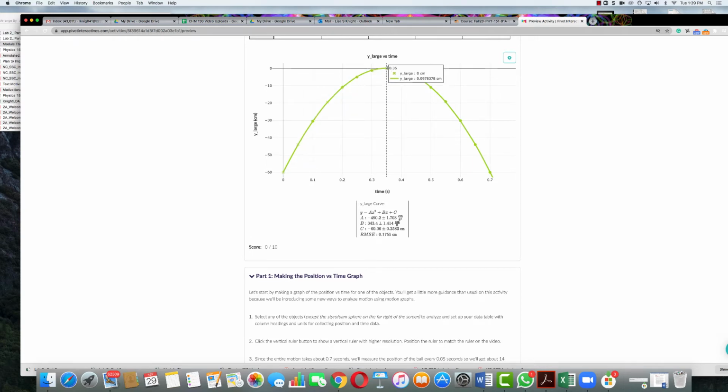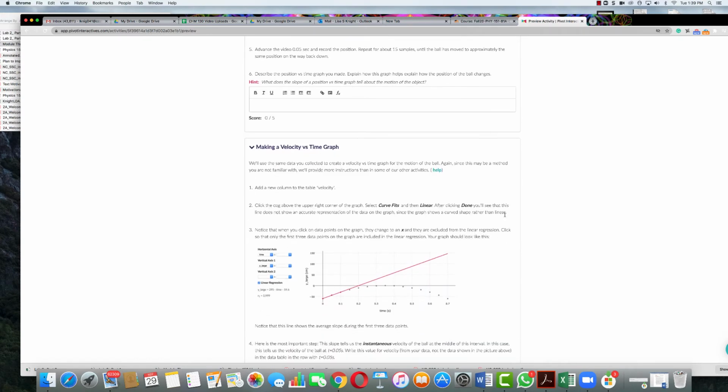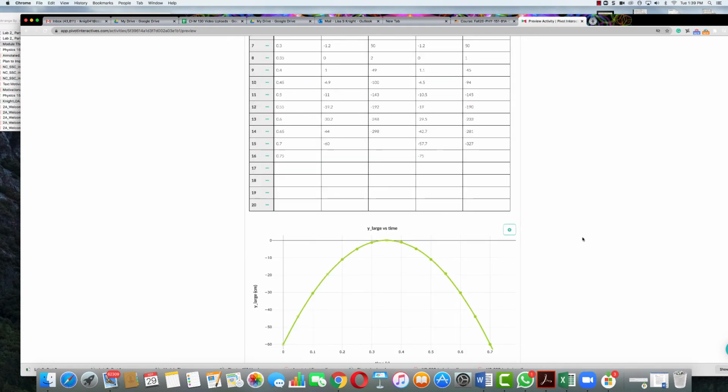At the very top, the slope is 0, and then it gets steeper and steeper and steeper in the down direction. So it's slowing down to 0 and then picking up speed in the down direction as it falls. So it is accelerating. Now, what you're going to do is find the velocity of the ball at each instant in time. And to do that, you're going to find the slope.